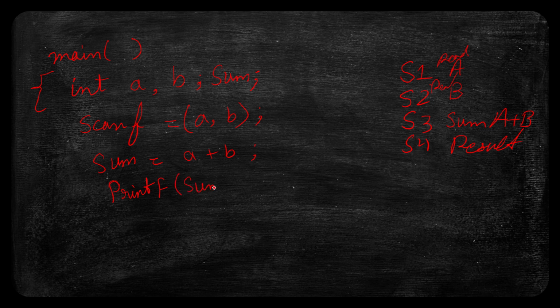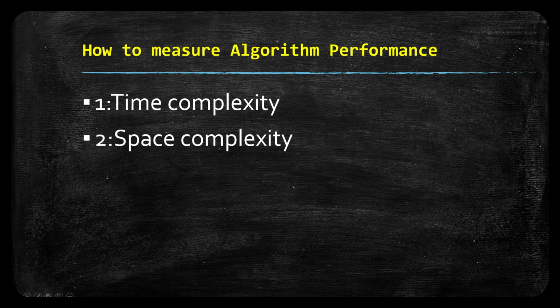That's all. So as you can see, now you understand it. It is a very rough example, but I will teach you. If you have a good algorithm, you can convert it into any language you want: Python, C++, Java, according to your need. Now how to measure algorithm performance?